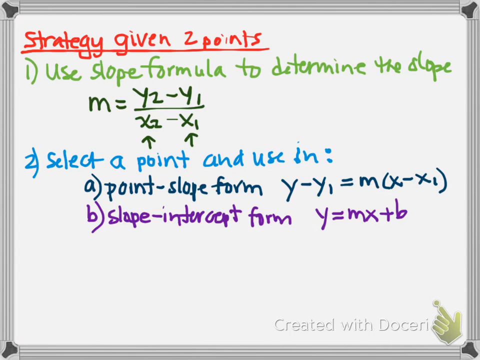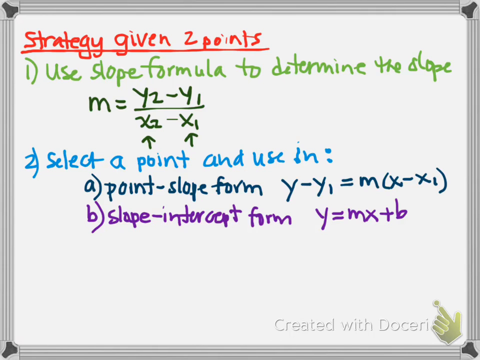I'm actually plugging numbers in, calculating B. Then I get to plug B and M back into that form. So the answer I get isn't I'm done. I still have to do more with it. Whereas with point slope, I plug it in, and technically that's an equation of the line. All I need to do, if I want to change it into slope-intercept form, is to get y by itself. So I can keep doing math with it.